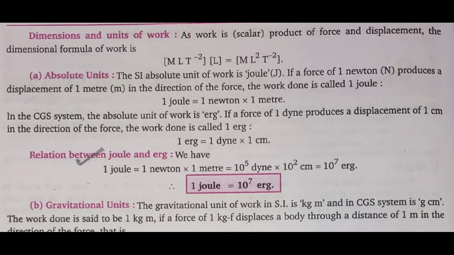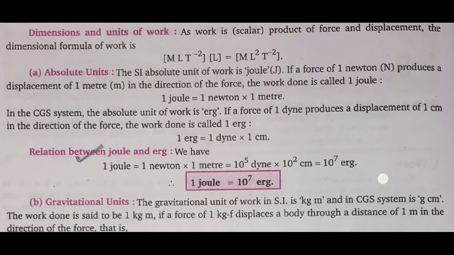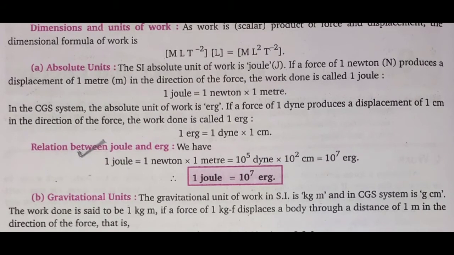In this video, we will talk about the dimensions and the units of work. As you know well, work is the scalar product of force and displacement. So, if you want to find out the dimensions of work done, then you will have to take first the dimension of force into dimension of displacement.